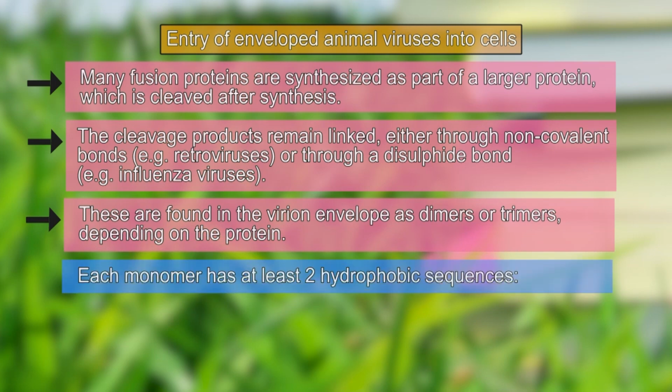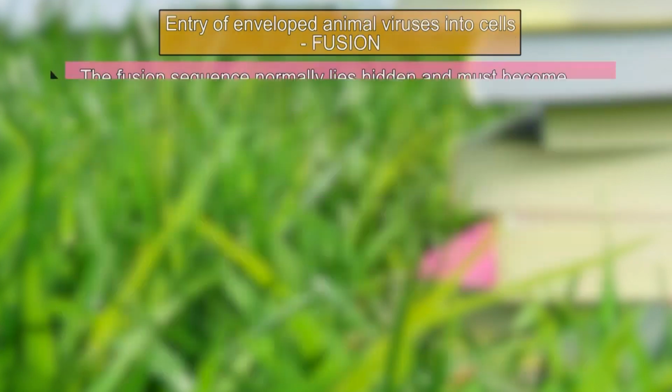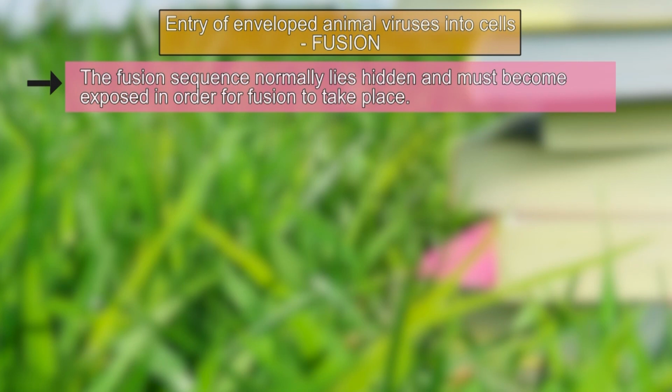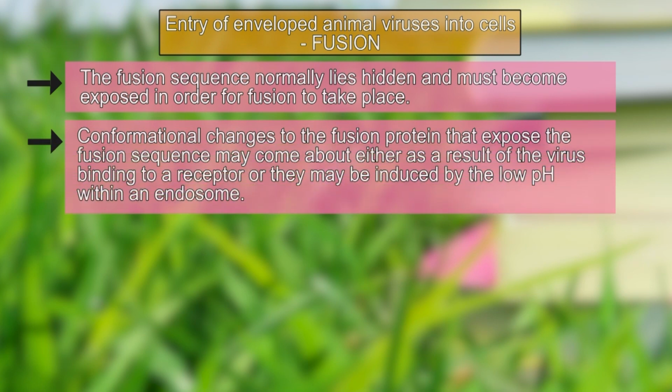Each monomer has at least two hydrophobic sequences: one is the transmembrane sequence, another is the fusion sequence. The fusion sequence first lies hidden and must become exposed before fusion can take place. Conformational changes occur after the virion binds to the receptor and the fusion sequence becomes exposed. When the fusion sequence becomes exposed, the two membranes are pulled together and fusion occurs.